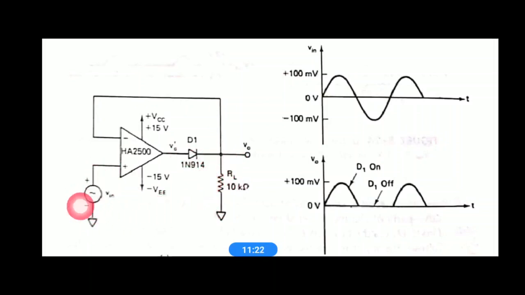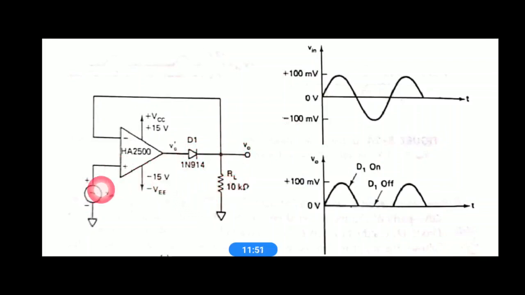Like that, if you apply 2 millivolt, for the 10,000 gain you would get 20 volt. Since you will not get 20 volt, the maximum positive voltage you will get is plus 15 volt, which is where the op amp saturates. This plus 15 volt makes the diode forward biased again. Hence for 2 millivolt you will get 2 millivolt.